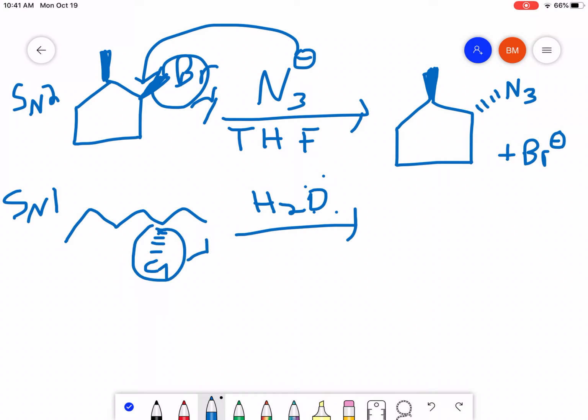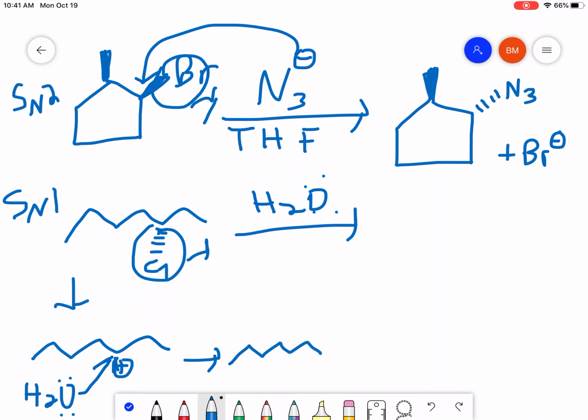So the Cl minus leaves to give you a carbocation. Water attacks. Where can that water attack from? You got it. Front or backside, or I guess I should say front and backside. So we end up with this.